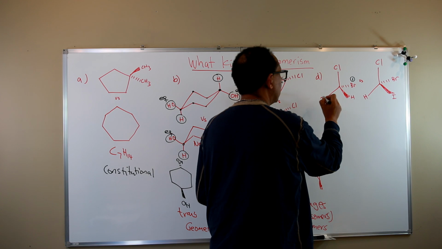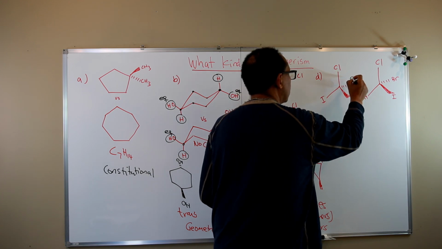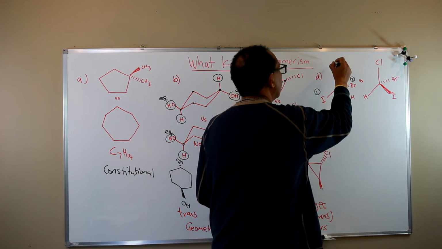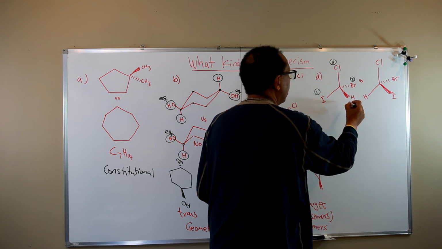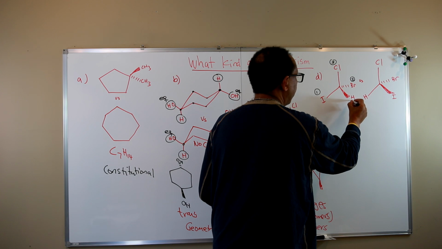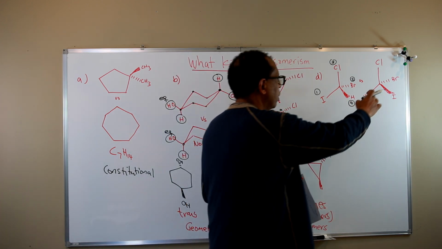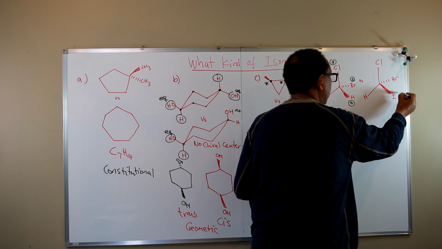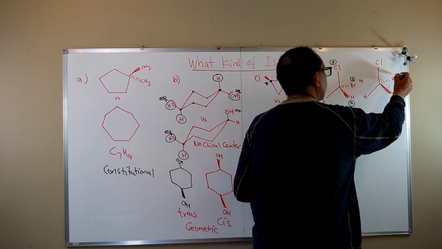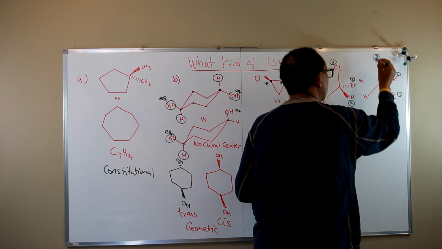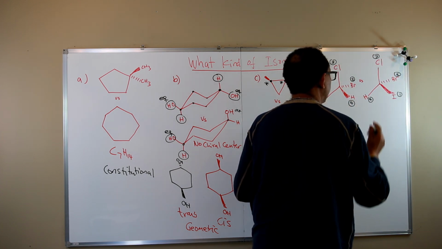This is priority, no, that's not true. This is priority 2. Iodine is priority 1. Chlorine is priority 3. Hydrogen is priority 4. So this is how it looks like. In this also, priority 1. This is priority 2. This is priority 3. This is priority 4.